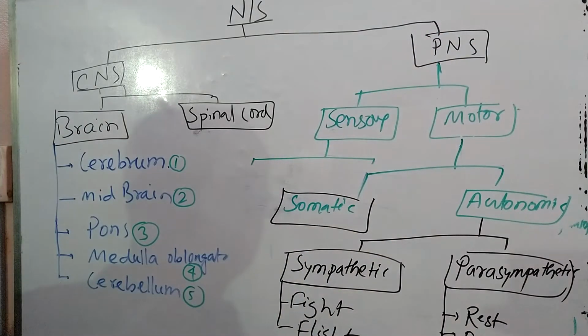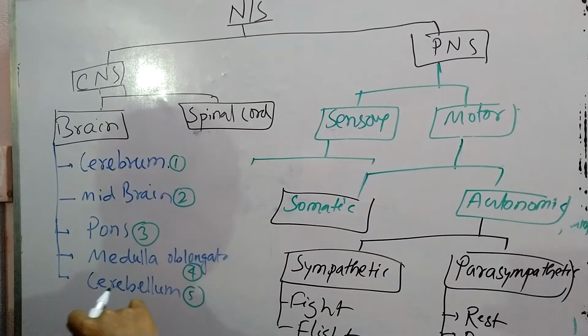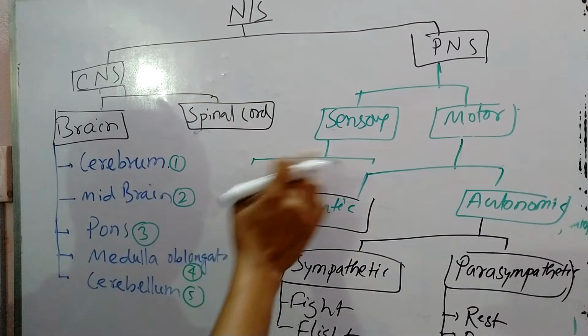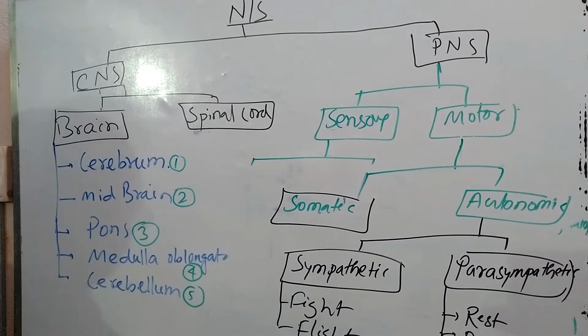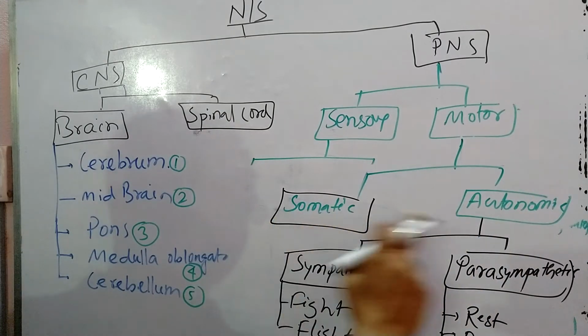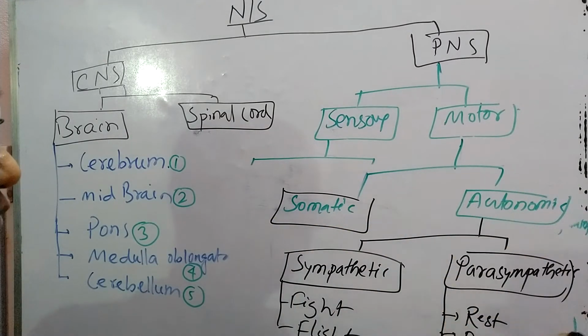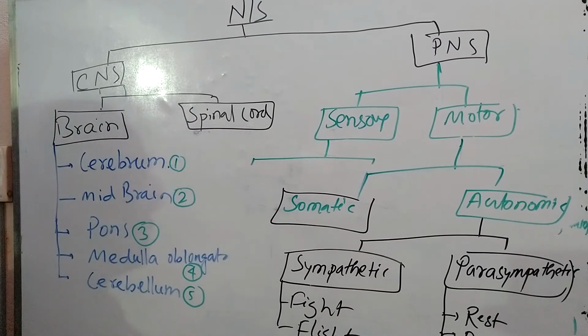And peripheral nervous system, two parts, sensory and motor. The sensory has two parts, general sensation and special sensation. Motor part, two parts, somatic and autonomic. Autonomic has again two parts, sympathetic and parasympathetic. So it's all about the classification of nervous system.